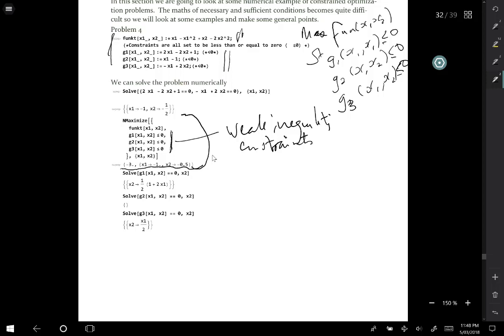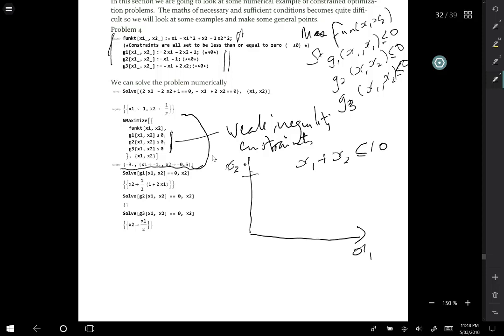What are weak inequality constraints? Well, let's just consider one we've looked at already. Let's say we've got x1, x2 and we're told x1 plus x2 must be less than or equal to 10.